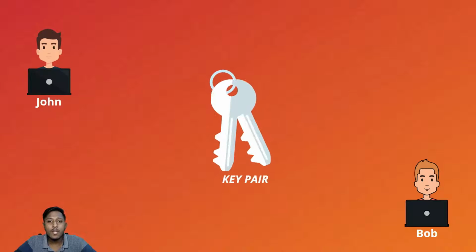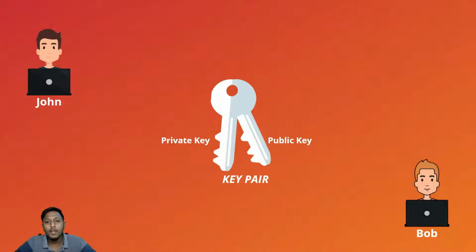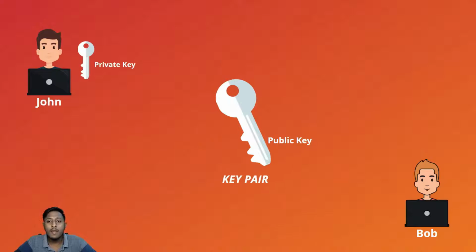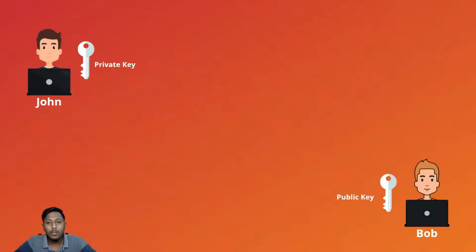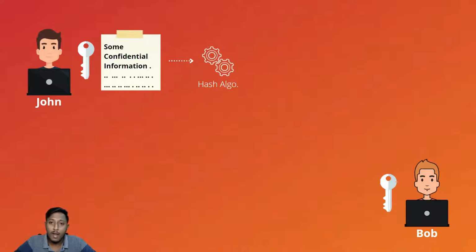John generates a key pair, one public key and one private key. John keeps the private key and gives the public key to Bob. Then John generates a memo with some confidential information, uses a hashing algorithm to hash this message, and generates a digest.